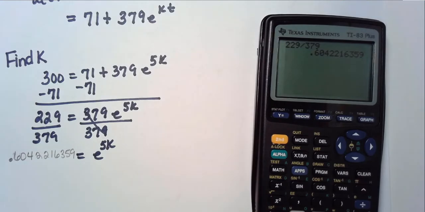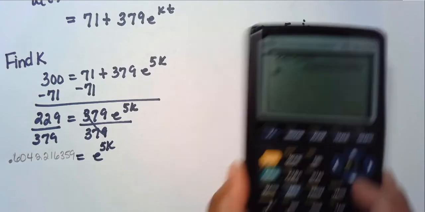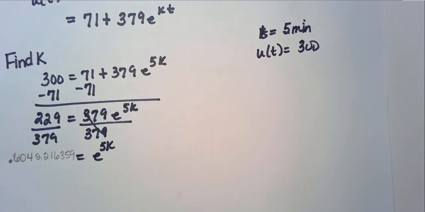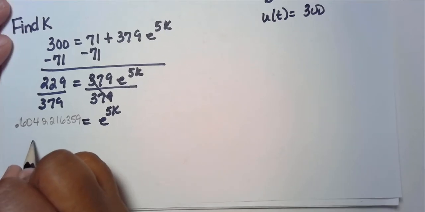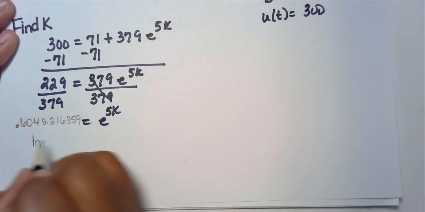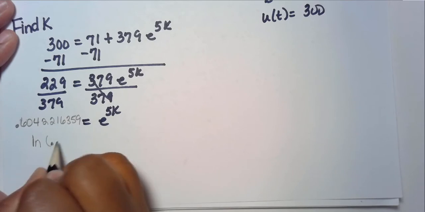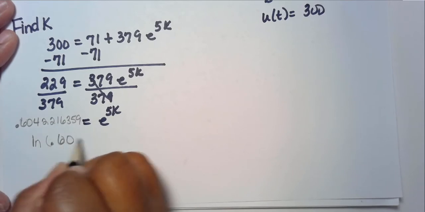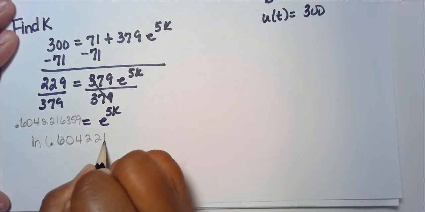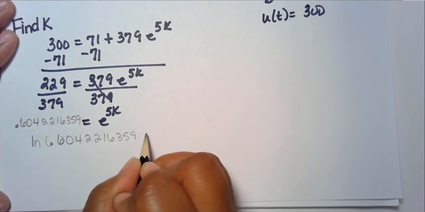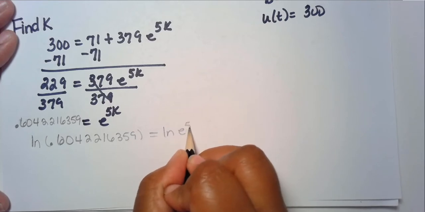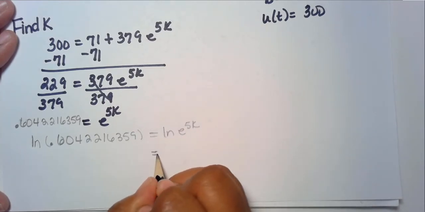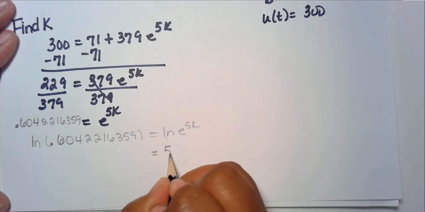Okay, then we're going to take the natural log of both sides. So ln of 0.6042216359 equals ln of e to the 5k. We know ln of e to the 5k would give us 5k.